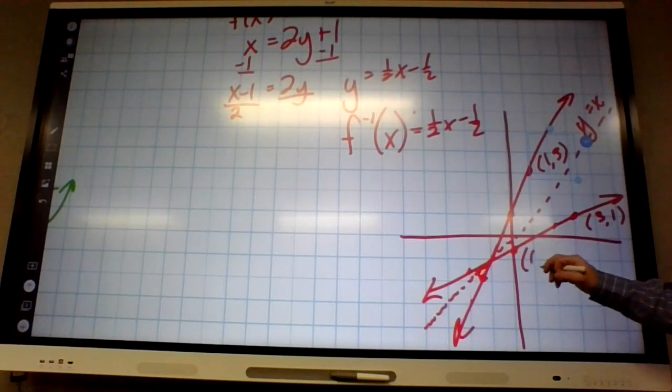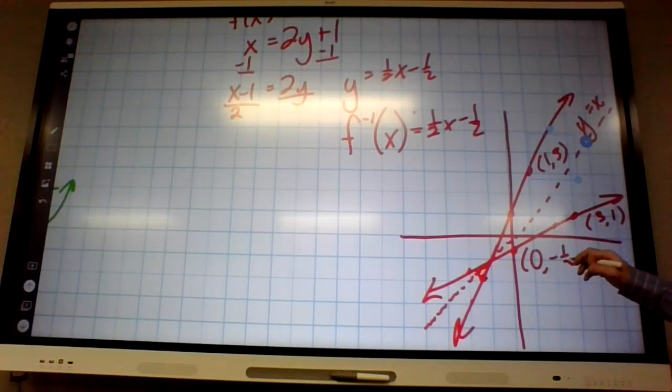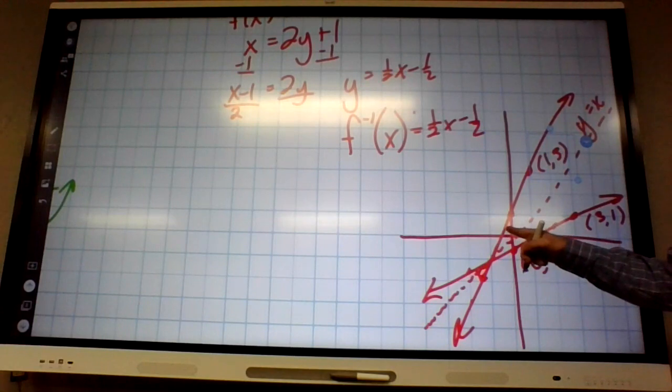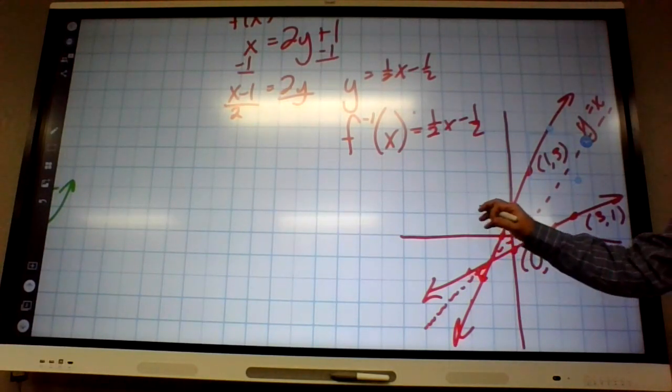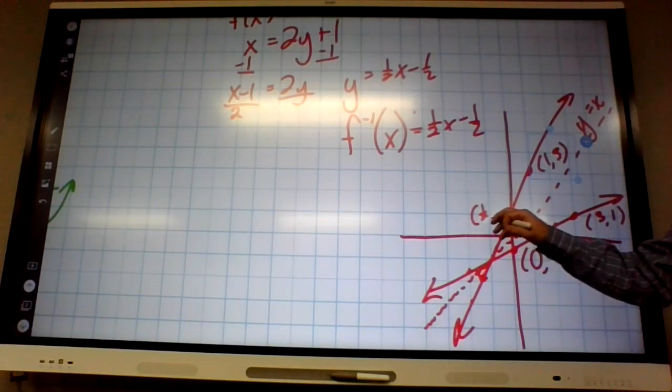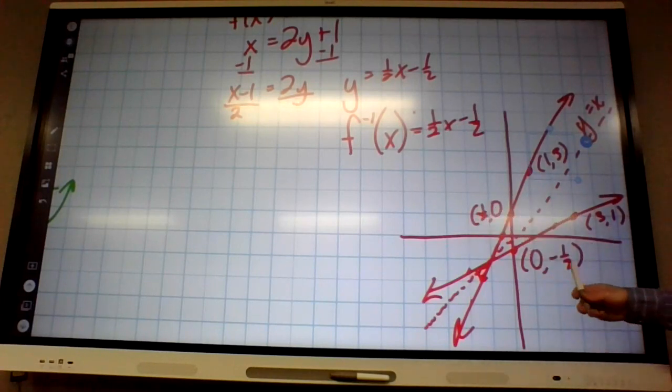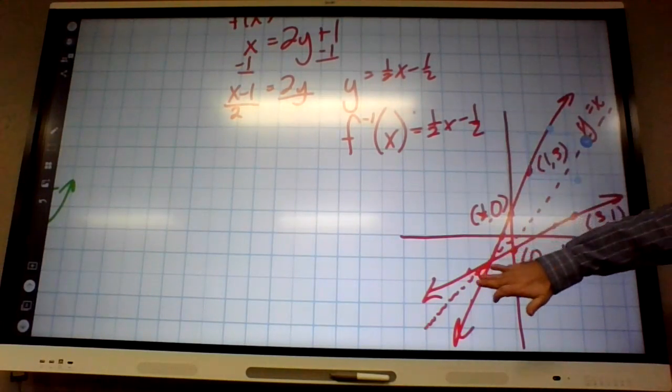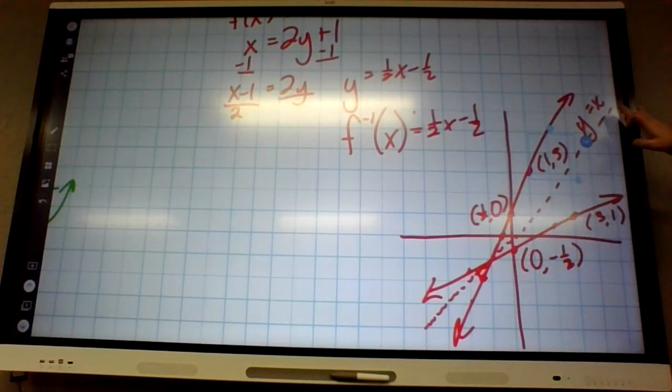This is 0, -1/2, right there. This is -1/2, 0. See, the x and the y values switch places. And they look like reflections over this diagonal line, y equals x.